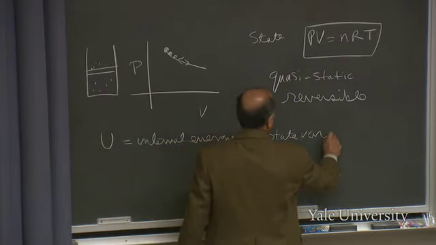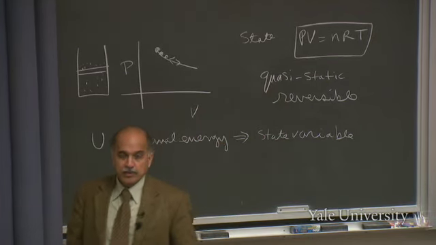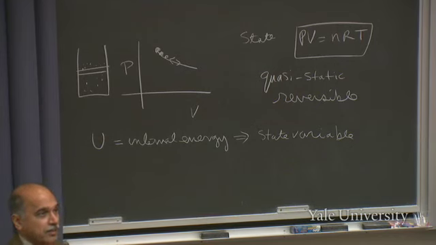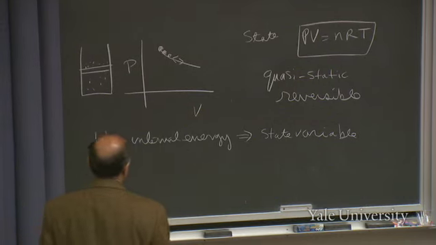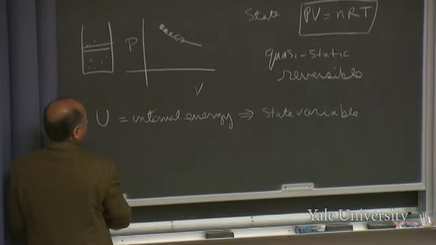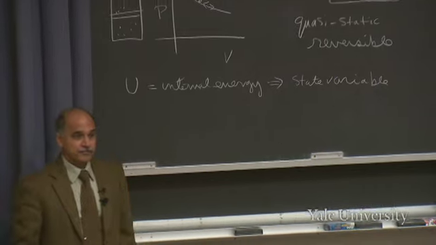This is a very important concept. A state variable depends on where you are in the PV diagram, what your state is. It does not depend on the history. It does not depend on all the things the gas has gone through in its life. If you tell me you are here, then we may associate with that point an energy that doesn't look into the history of that gas.